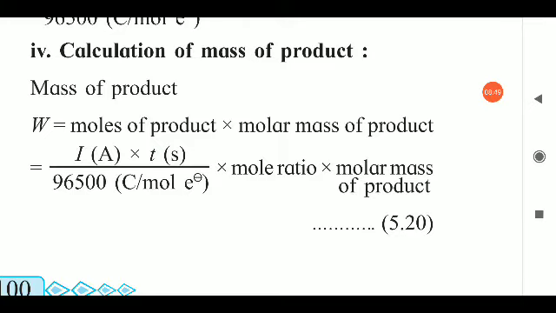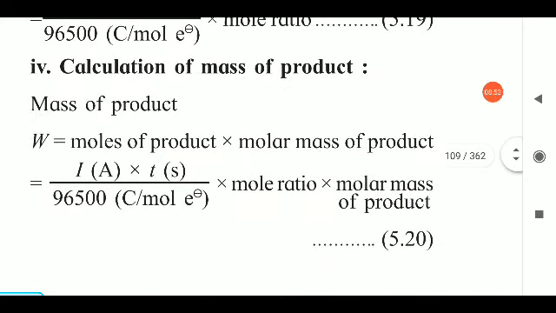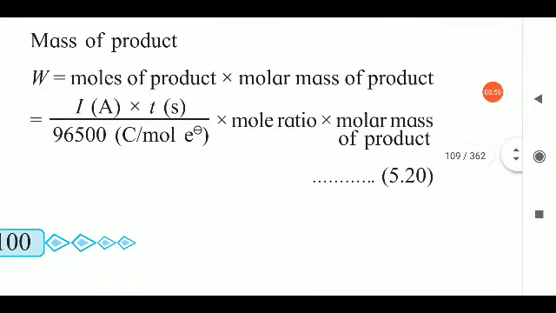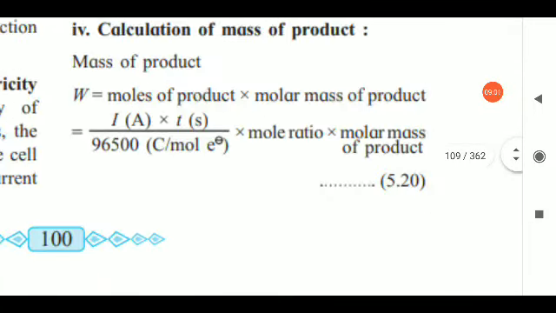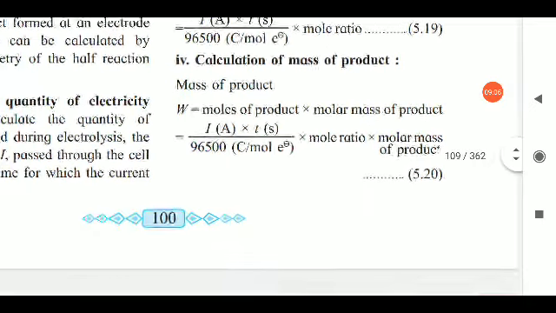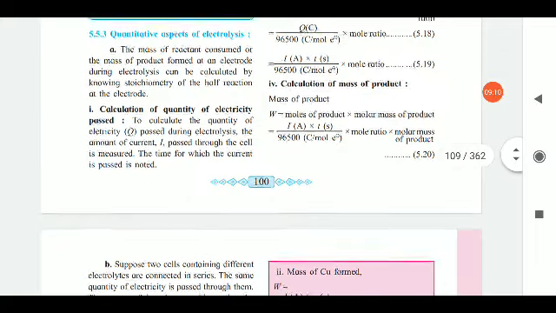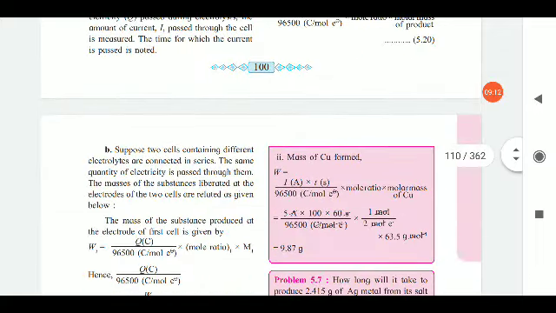Moles of product formed is nothing but equation 5.19, and by using that, you just multiply it by the molar mass of product, then you will get the answer for mass of product, that is equation 5.20. So students, this is all about the different quantitative aspects of electrolysis.